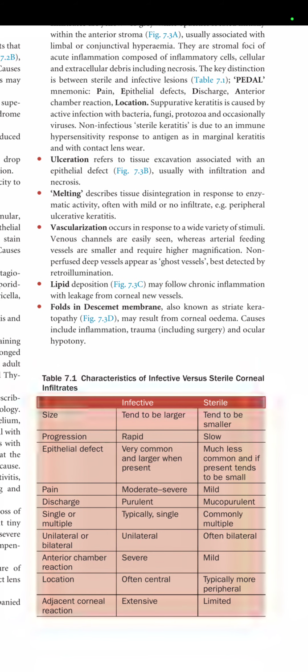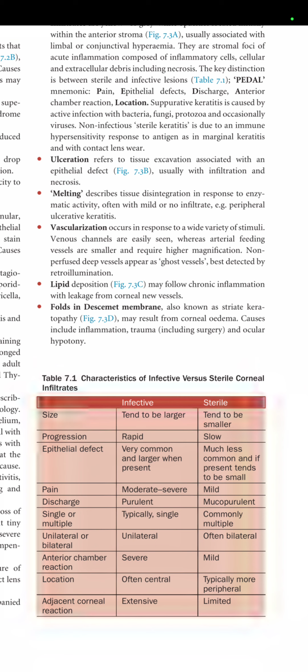We have discussed pain and discharge. Single or multiple: infective usually has a single lesion, whereas sterile is commonly multiple. Unilateral or bilateral: infective is usually unilateral, whereas sterile is often bilateral. Location we have discussed, and adjacent corneal reaction is extensive in infective and limited in sterile.